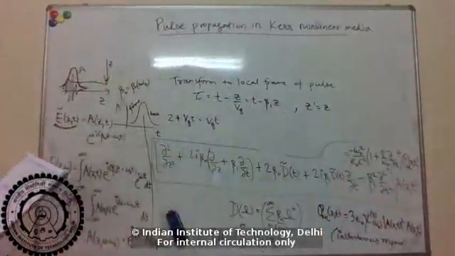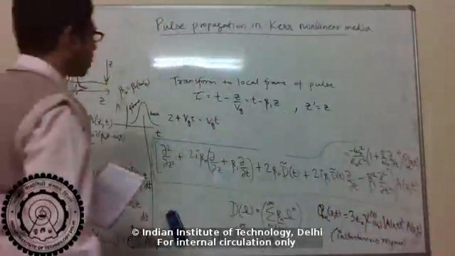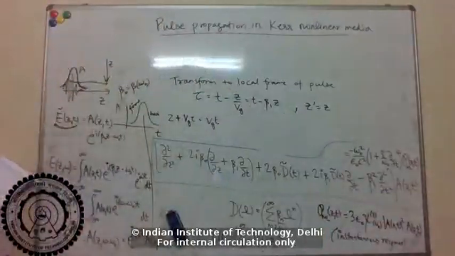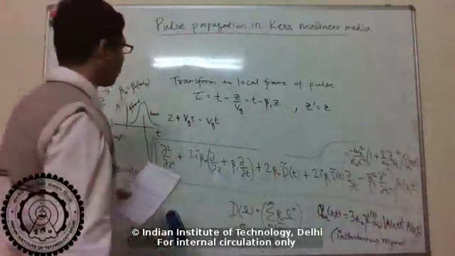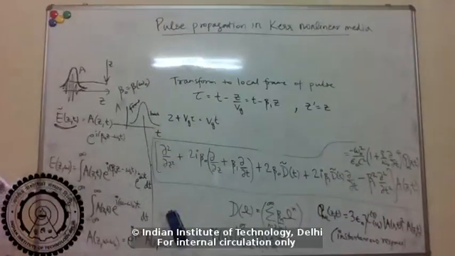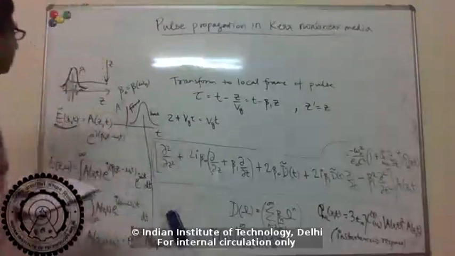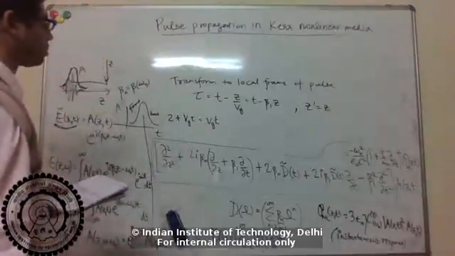Okay, sir. Sir, shouldn't the equation be Z minus Vg of t is equal to Vg of tau?